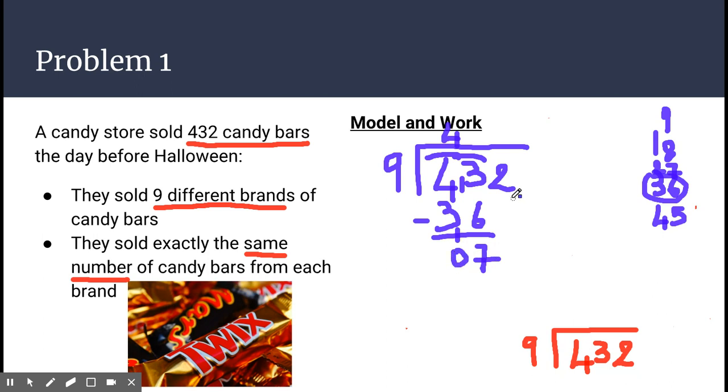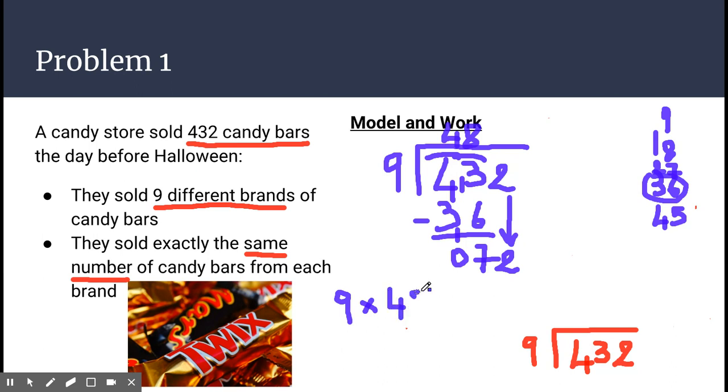I'm bringing down the 2, and I repeat the process. How many times does 9 go into 72? It goes exactly 8 times. 9 times 8 is 72. So it looks like they would have sold 48 candy bars of each kind. I want to check that this is reasonable. So if 48 is the answer, they sold 9 brands, and 48 candy bars in each brand.